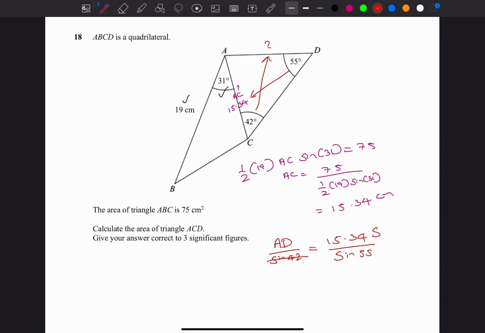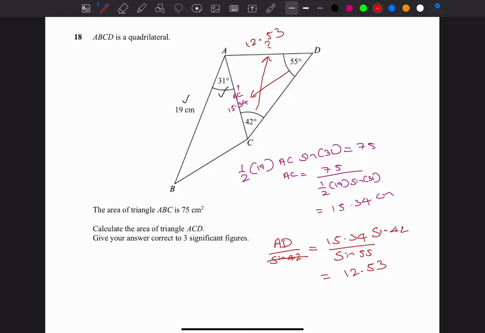How much is AD? It's 12.53. So that will give you 12.53.